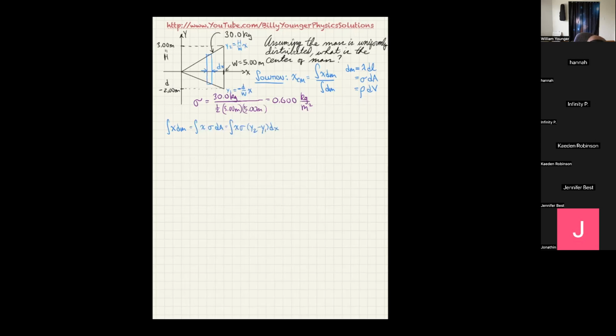So I think y'all can all see that this is in fact dA, the rectangular area. Anybody have any questions on that yet? Okay, I'm going to pull this sigma out in front, because remember, sigma is a constant because it was uniformly distributed.